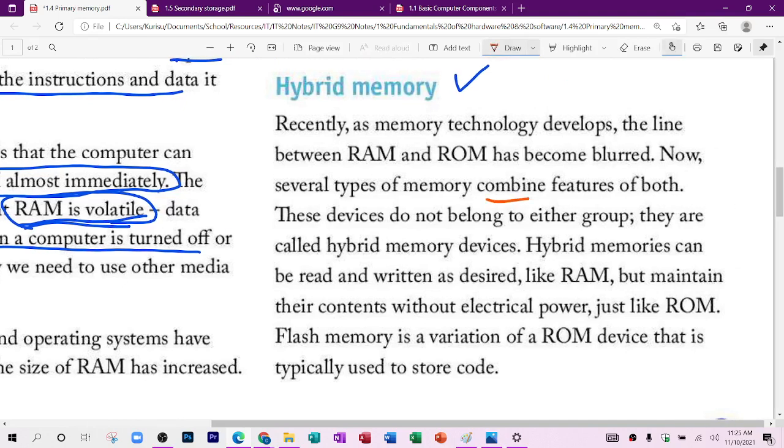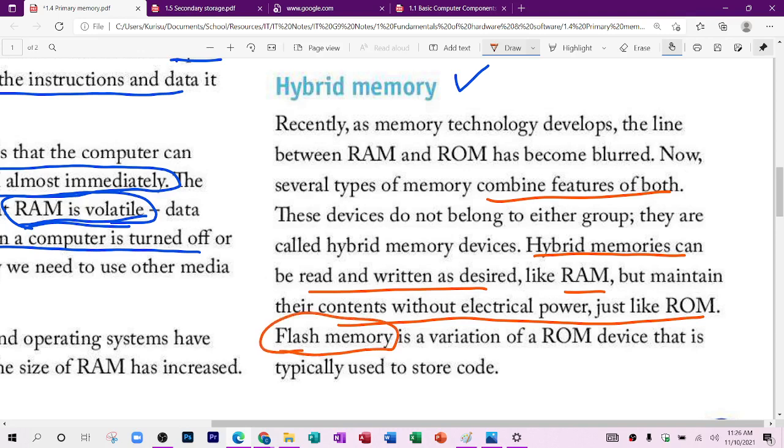They are called hybrid memory devices. Hybrid memories can be read and written as desired, like RAM, but maintain their contents without electrical power, just like ROM. Flash memory is a variation of ROM device that is typically used to store code.